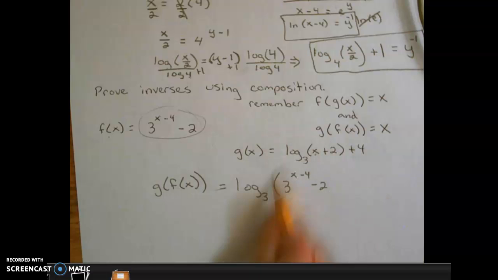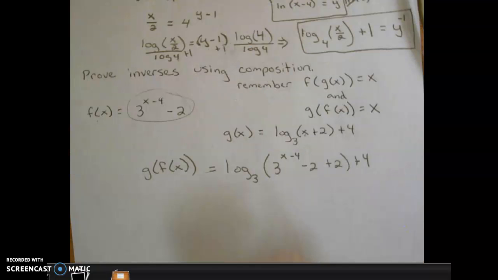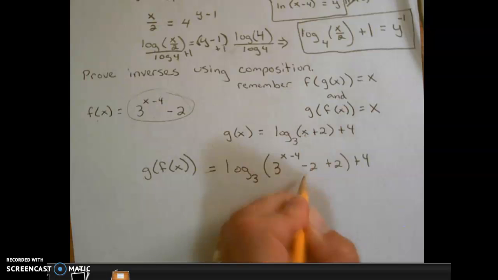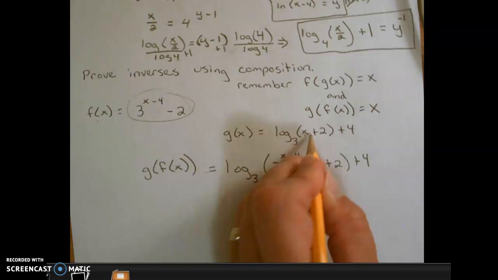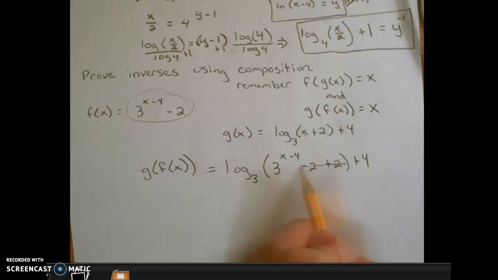So that is now x. This got substituted in for x, and that's how we got this into that equation. Okay, now we're going to do the simplifying. So minus 2 plus 2 cancels out.